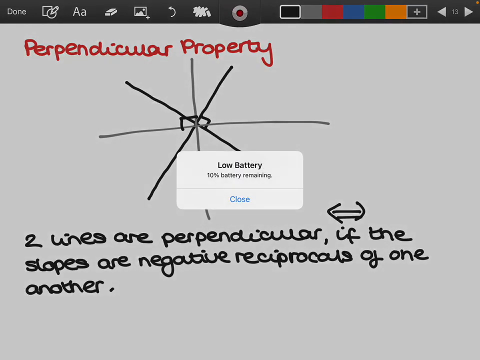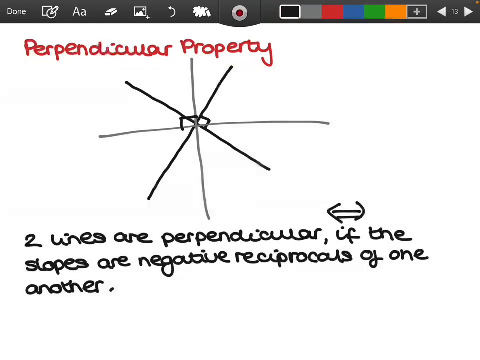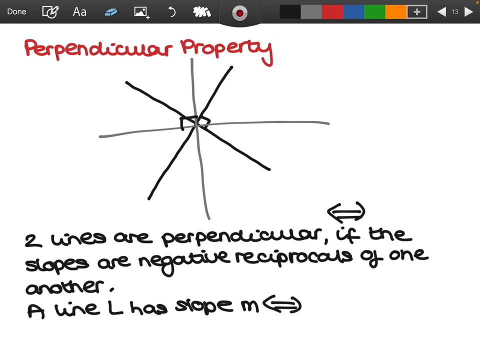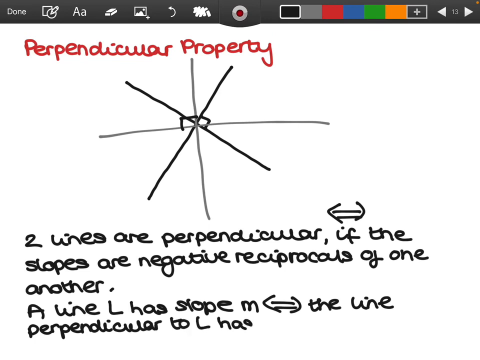Okay. What does it mean for negative reciprocal? If I go ahead and say that a line, we'll call it L, has slope m, it means that the line that is perpendicular to it, again, it works both ways, the line perpendicular to L has slope -1/m.